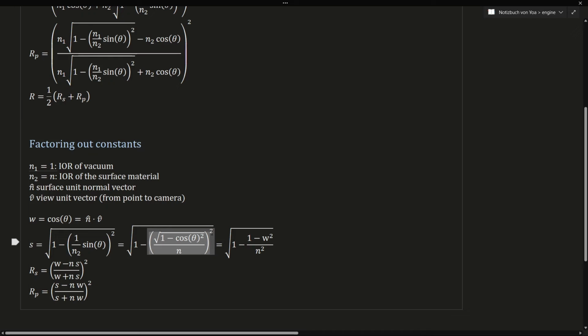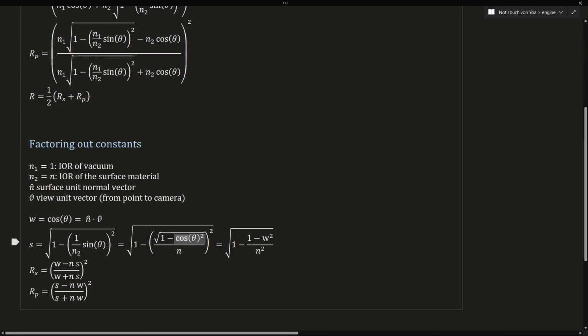If we apply the power of 2 here, we then get our final square root term, which is the square root of 1 minus w squared over n squared. I hope it makes sense where all the variables are coming from.